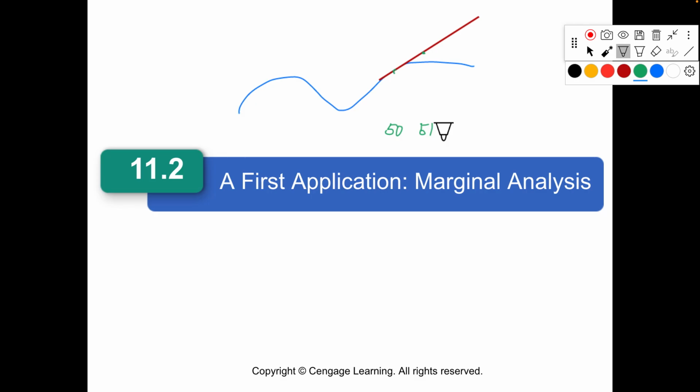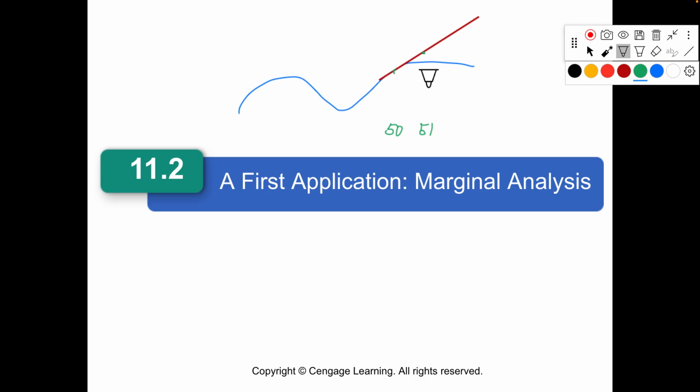That's our next step. Notice, at least on this drawing, we're going to follow the tangent line. But is that the actual cost? It's not. It might be close, depending upon what the graph is, but it could also be off. We're using marginal analysis to get an estimate of what that next one should cost us.